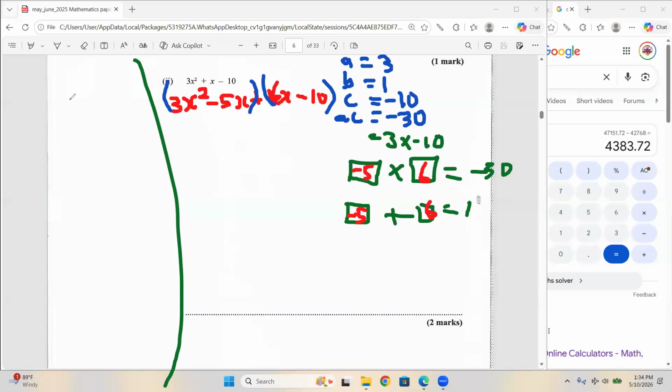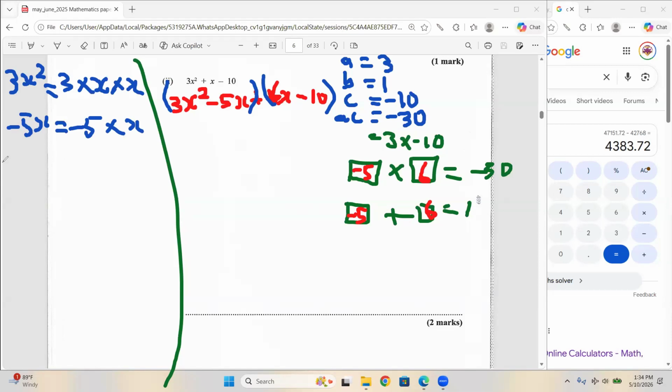So taking the first bracket, which is 3x squared minus 5x. Okay, don't write it like that. Let me write them separately, sorry, so I can expand them separately. So this one is 3 by x squared, x by x. The other one is negative 5 by x.